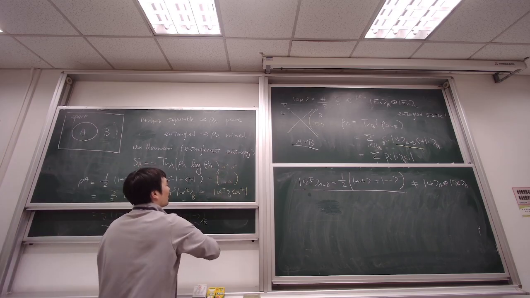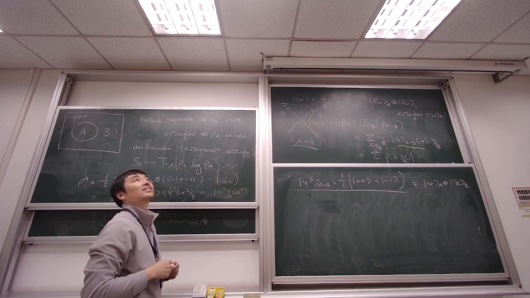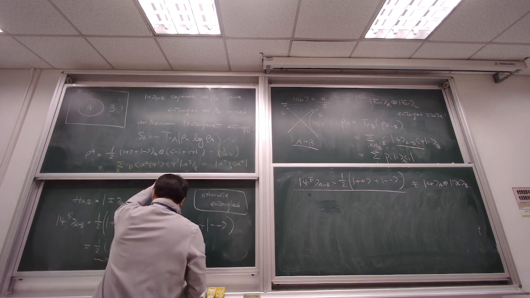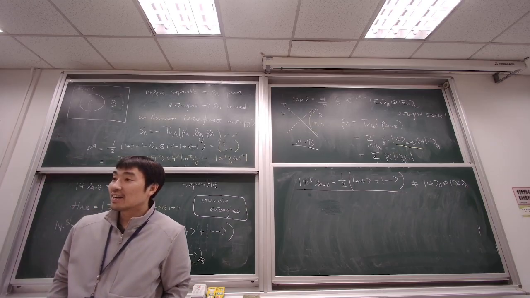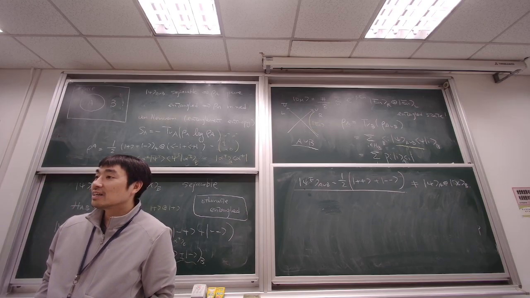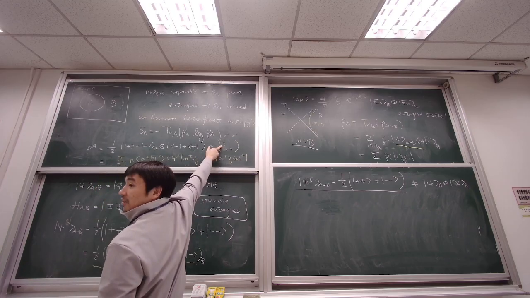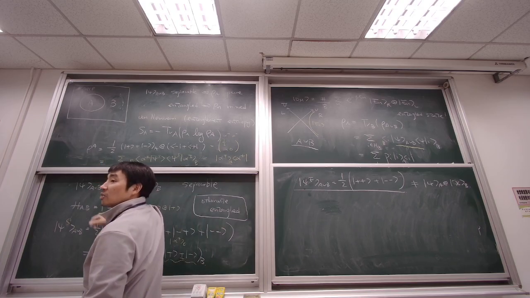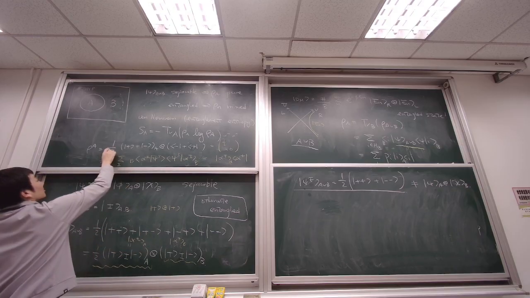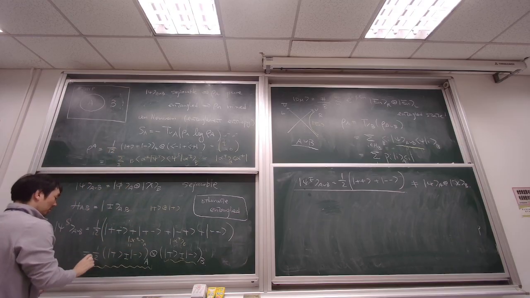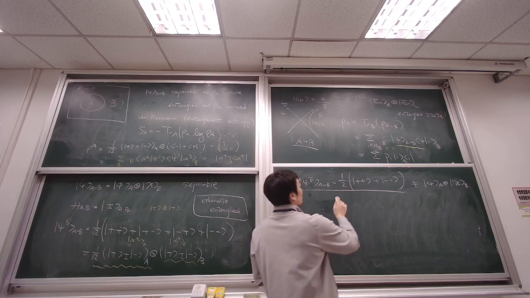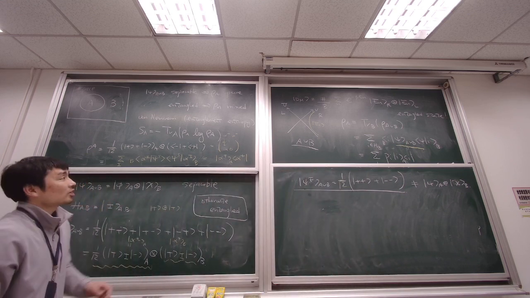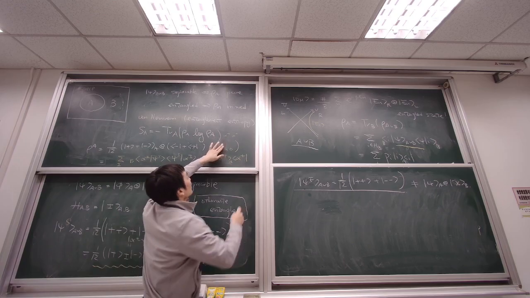After normalization, with the normalized basis, it should be square root 2, so this becomes 1. Okay, this becomes 1.